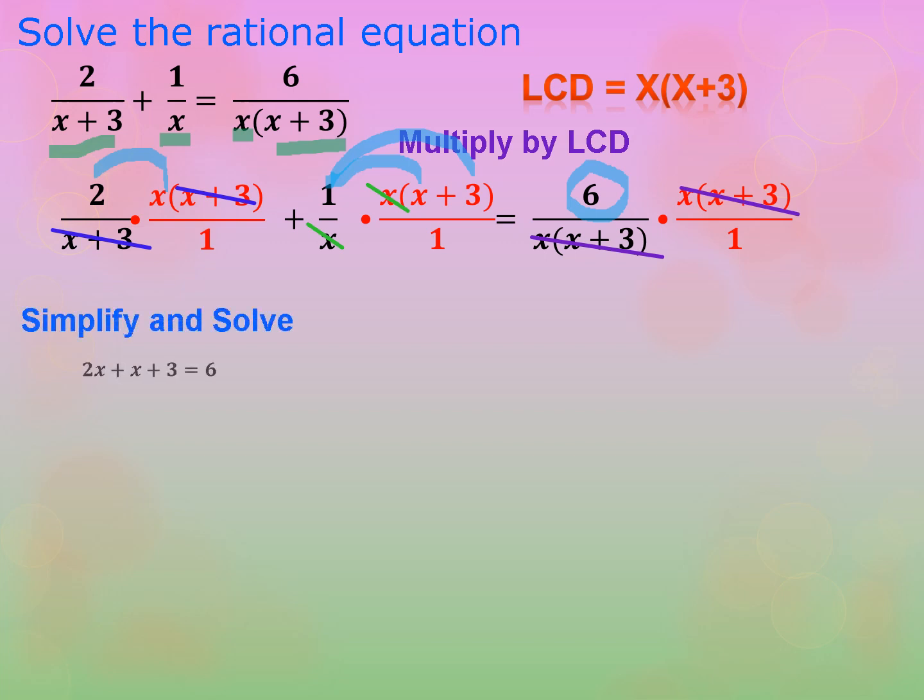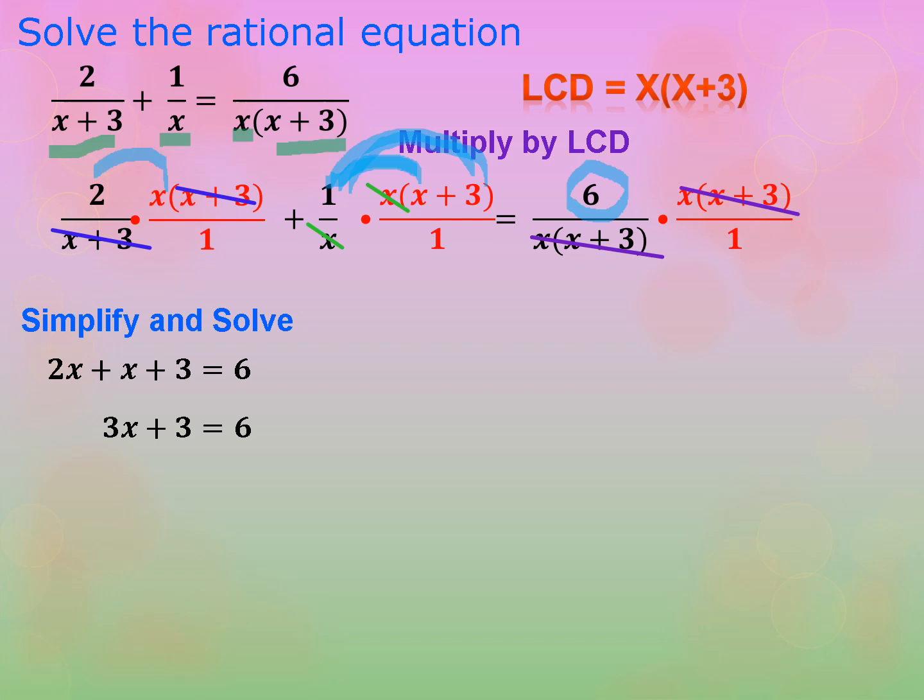I have 2x, and then remember, I have x plus 3, because that's what you get when you multiply it by 1. And then we have 6 left on the other side. Now, once we've done this, all we have to do is combine like terms and solve. So that gets me 3x plus 3 equals 6.